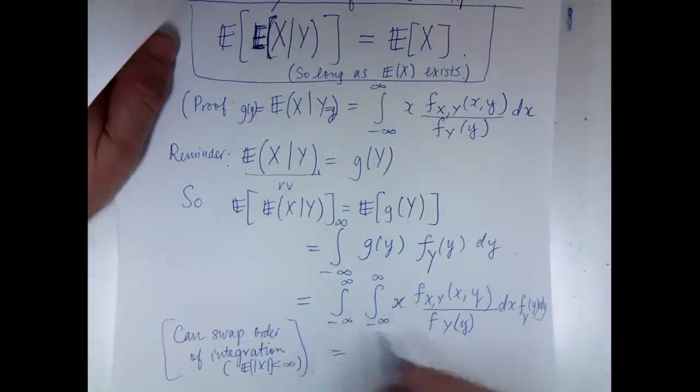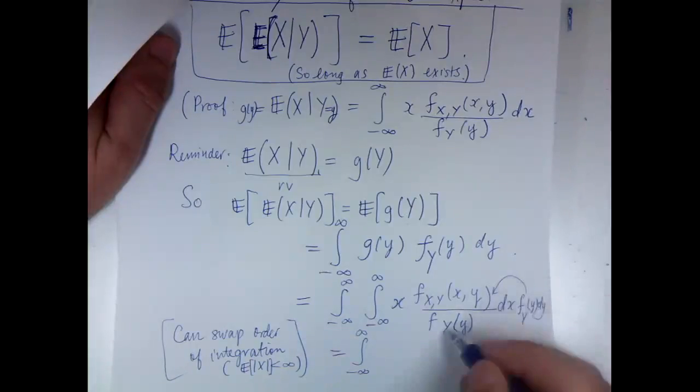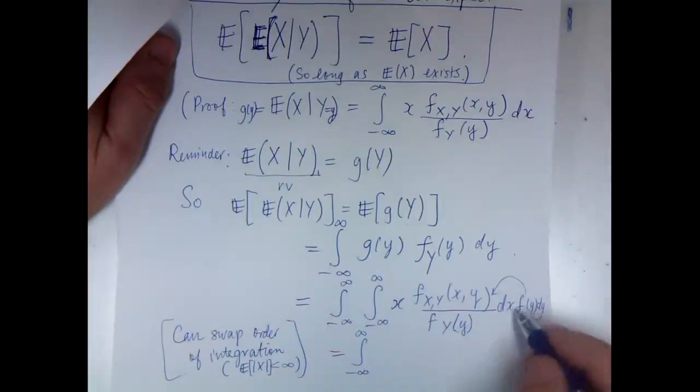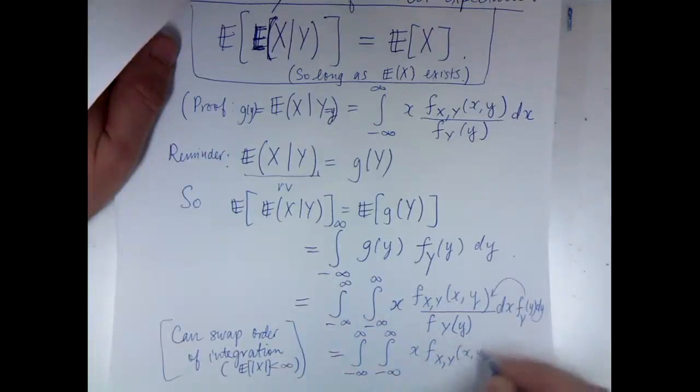So if we do swap the order of integration, I can of course bring this factor in here where it will cancel with the denominator. I can bring a constant factor from outside an integral within the integral. That's always true, because it's constant within the integral with respect to x. And then all I'm left with is x, f_XY of x, y.